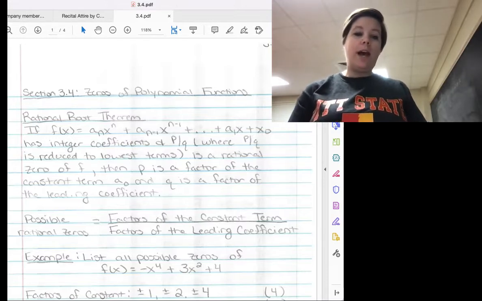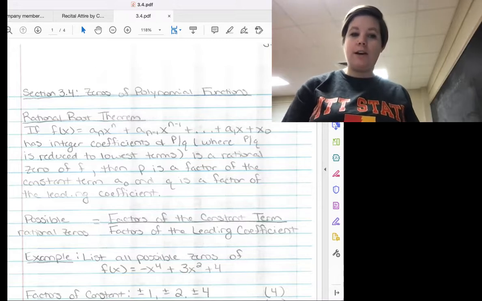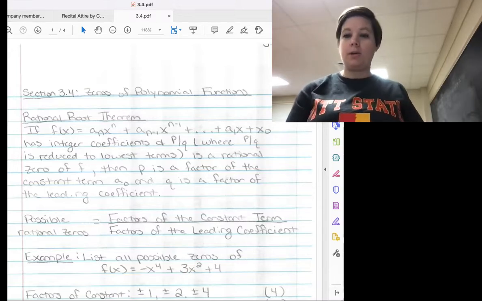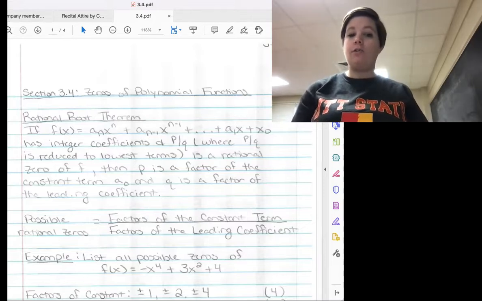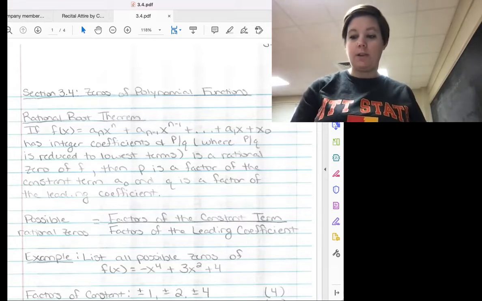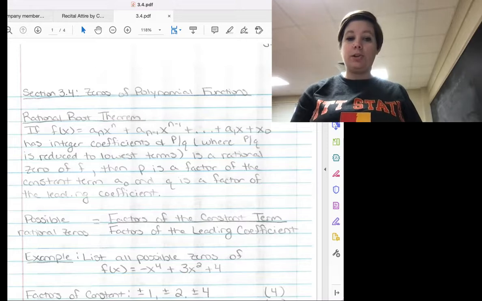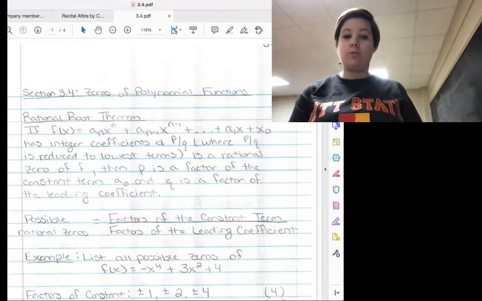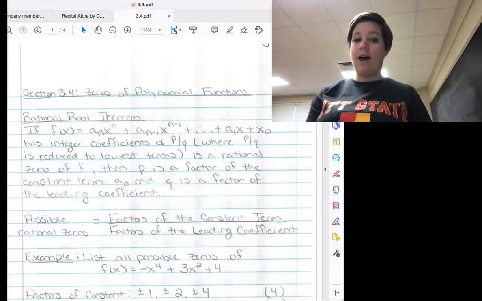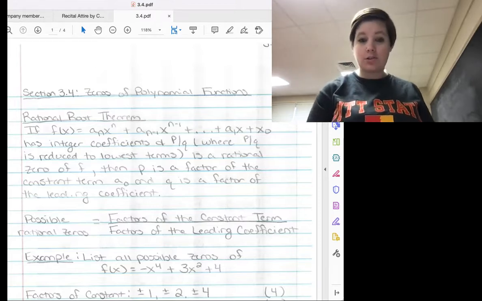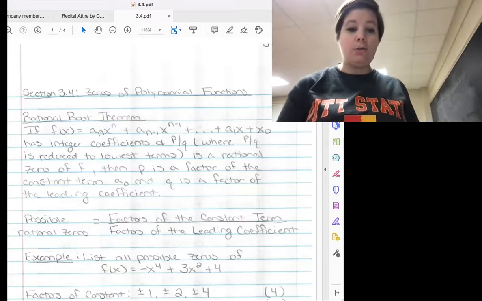So it says if we have a polynomial function, that's what that f of x equals a to the n and so on. That's just the really general way of writing a polynomial function. So if we have a polynomial function that has integer coefficients, so that means all of the coefficients are whole numbers, and we know that we have a p divided by q, where p over q is reduced, and we know that that p over q is a rational zero of f, so we know that that's a solution to that polynomial function.